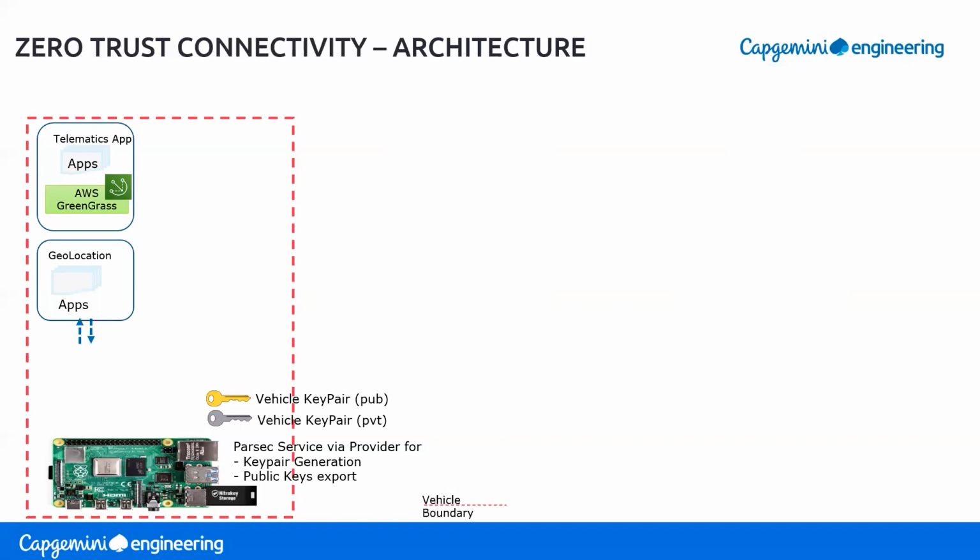And that would run in the container cluster environment of the vehicle. In order for the application to interact with the crypto functions on the vehicle in a standardized manner, we would be using the Parsec service, which would provide abstraction to the way applications will interface with the crypto functions provided on the vehicle TCU board.